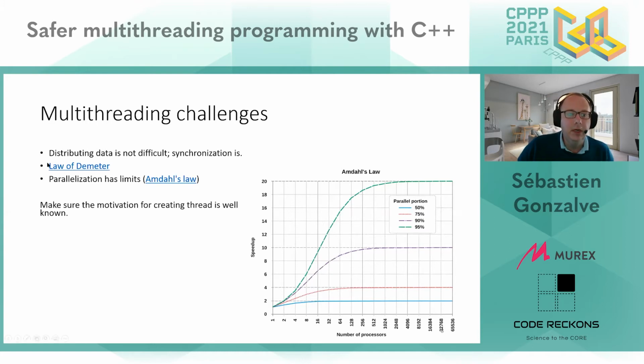Another point here I put is the Law of Demeter. One would like the user of an object not to know about its internals, so that it's easy to make this class evolve without exposing its guts.